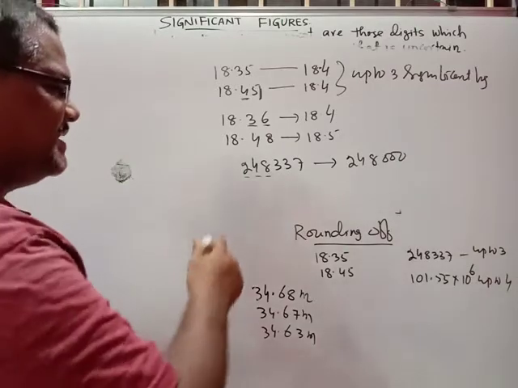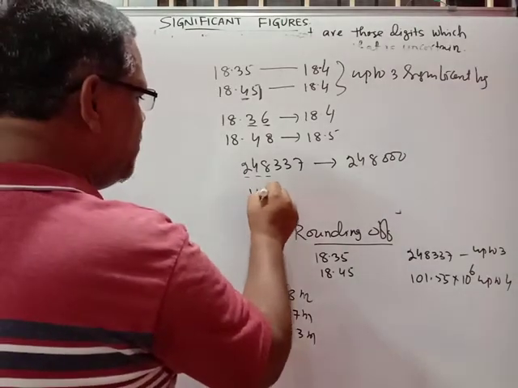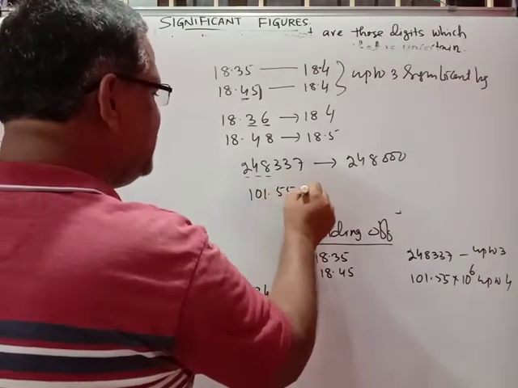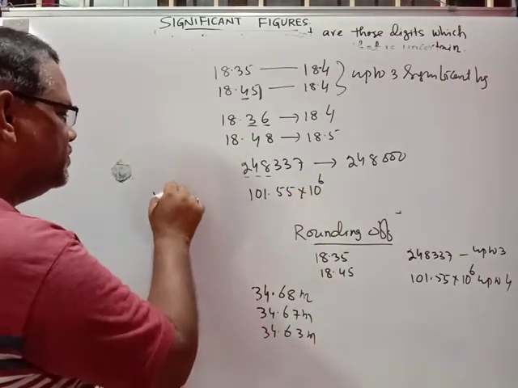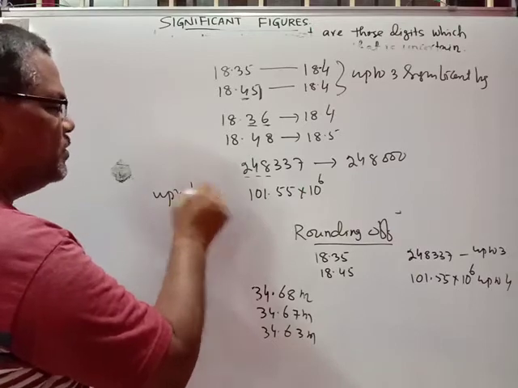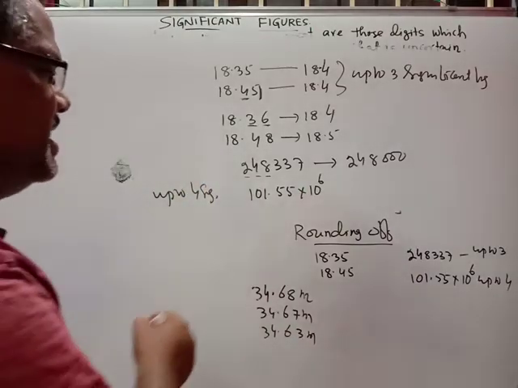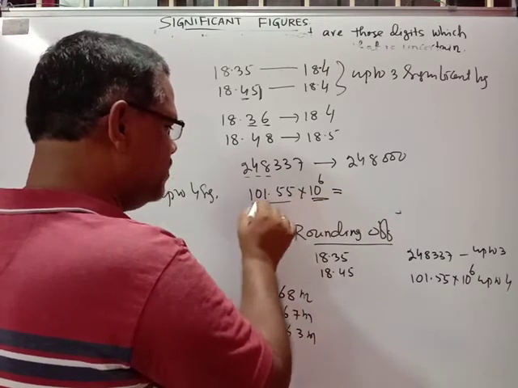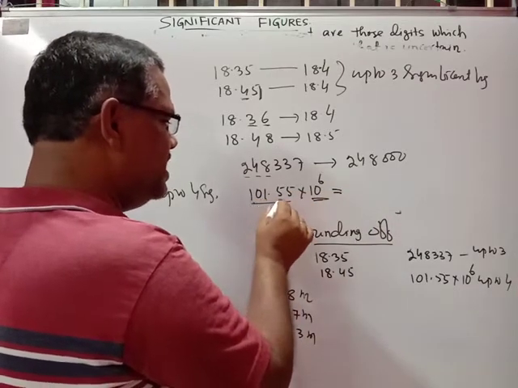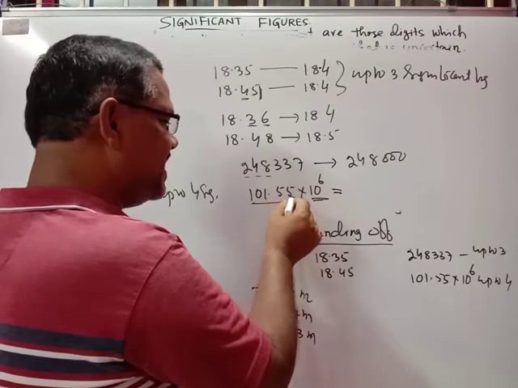In another case, we think of 101.55 times 10 to the power 6 rounded to 4 significant figures. If the question asks for 4 significant figures, you come to the figure 1, 2, 3, 4, and immediately you find that a 5 is here.